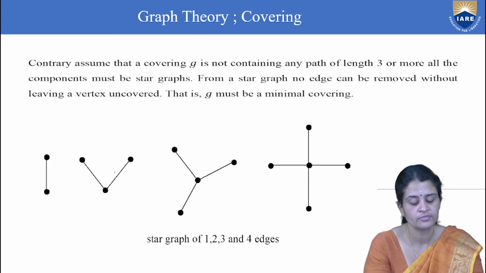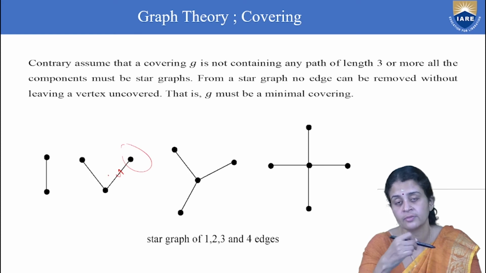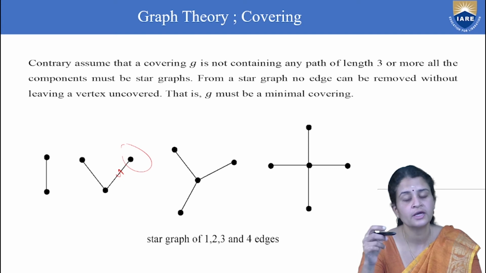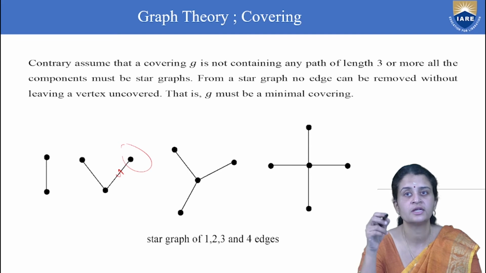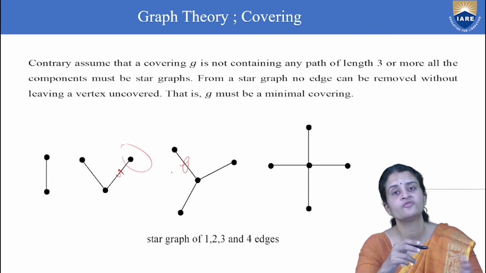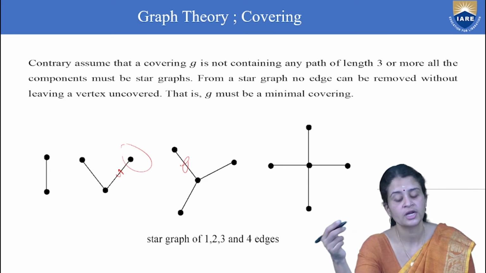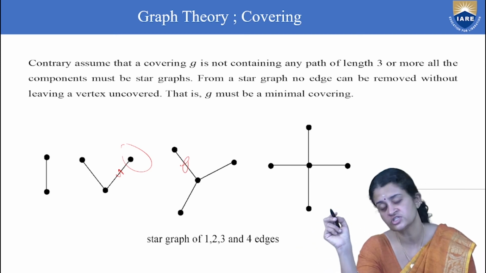Suppose I take an edge from this star, then this vertex will be left uncovered. So that G will be minimal. If it does not contain a path of length 3 or more, the components must be star graphs.